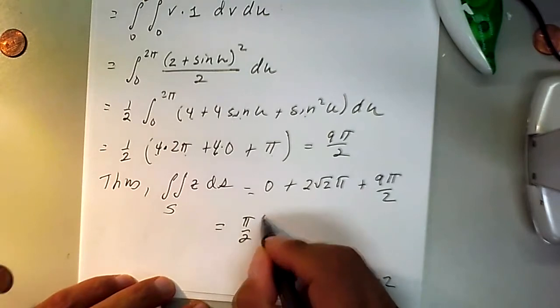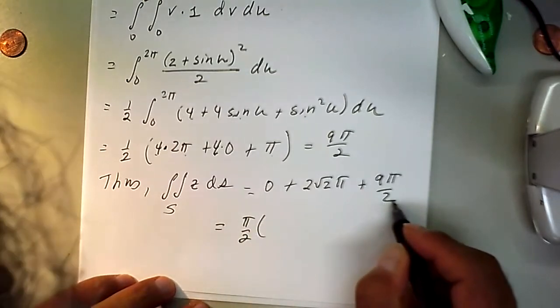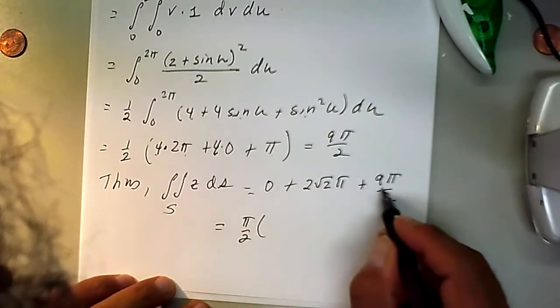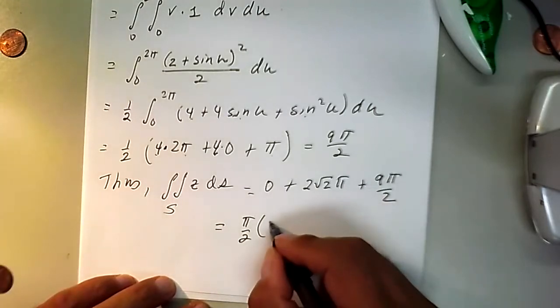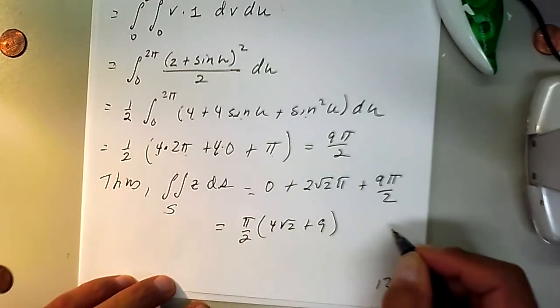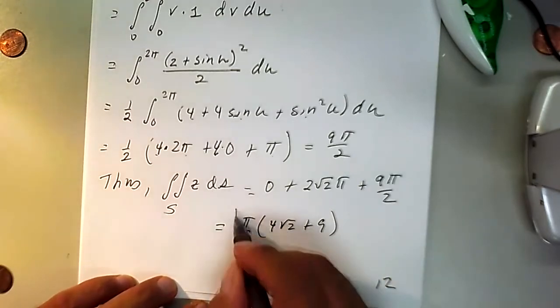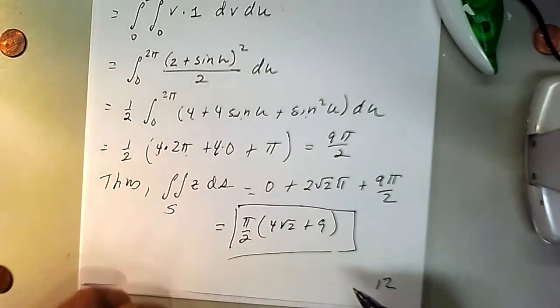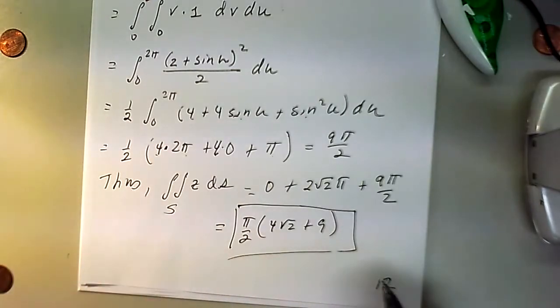In fact, I'm going to factor out pi over 2, and we end up with 9 plus 4 root 2. 4 root 2 plus 9. And that should be our final answer for the entire solid.